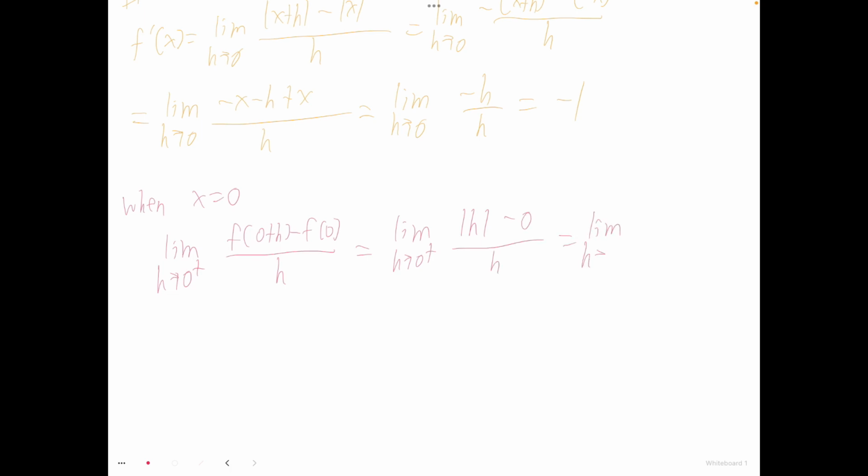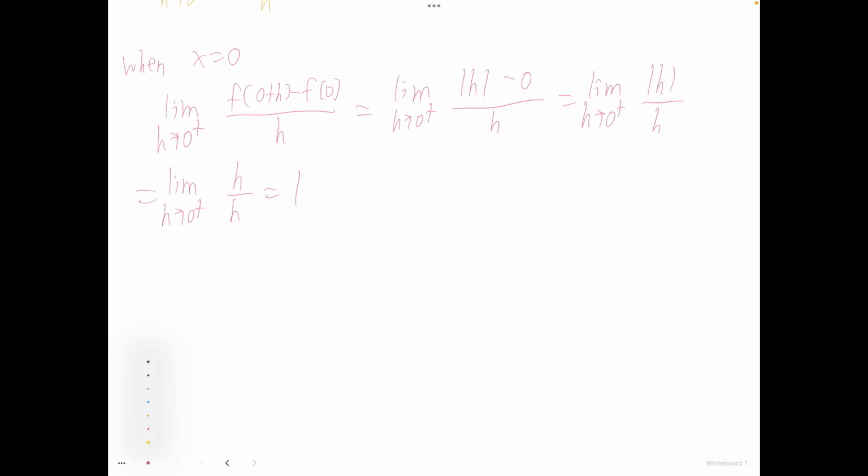So we have the limit as h goes to 0 from the right of the absolute value of h divided by h. This is why it's important that we're going from the right or the left, because the absolute value of h will depend on that. Going from the right here, this is just the limit as h goes to 0 from the right of h over h, which is 1.